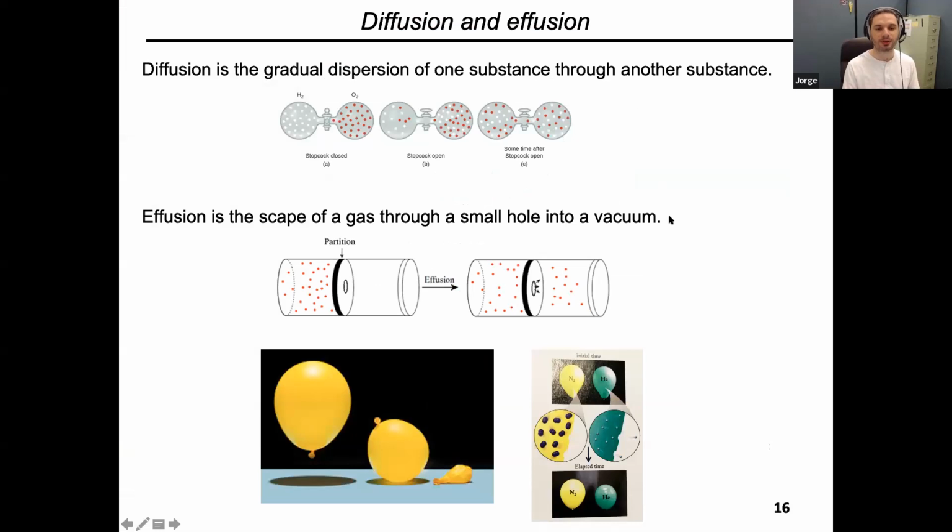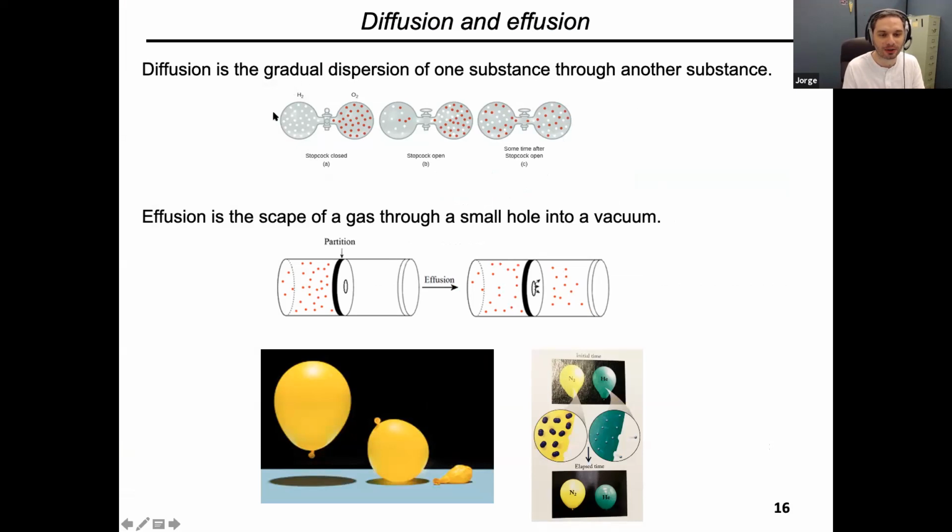All right, so now let's talk about diffusion and effusion of gases. Two different processes that are kind of similar, but each one has a very specific characteristic. Let's start with diffusion. Diffusion is the gradual dispersion of one substance through another substance.